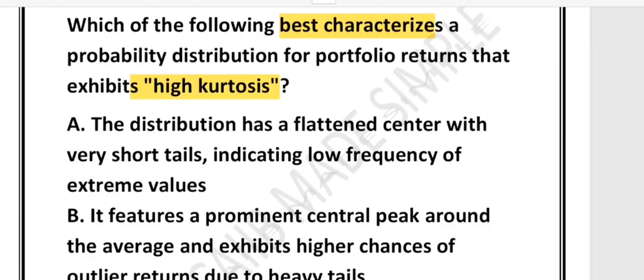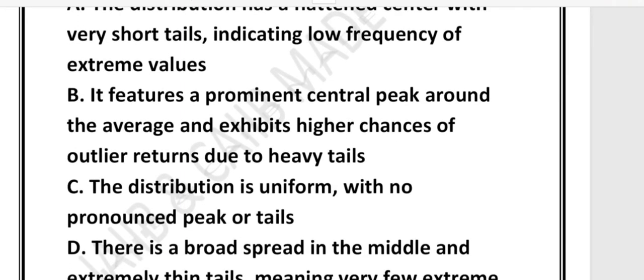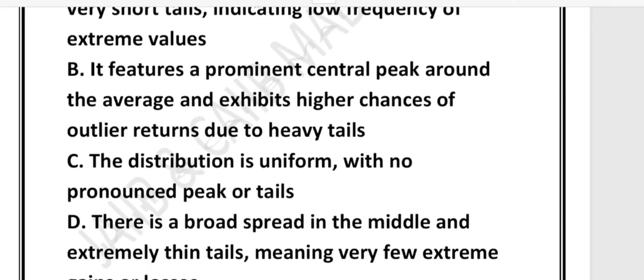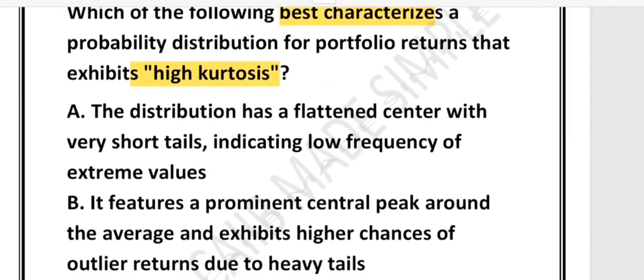Option B: a prominent central peak around the average and a higher chance of outlier returns due to heavy tails. Option C: the distribution is uniform with no pronounced peak or tails. Option D: a broad spread in the middle and extremely thin tails, meaning very few extreme gains or losses.